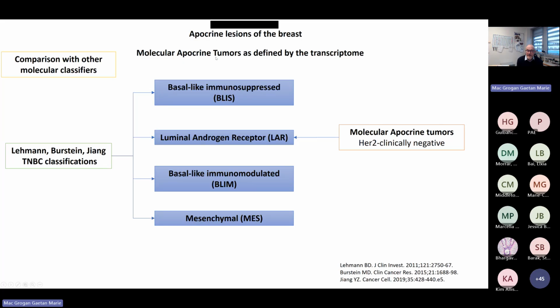When you look at the molecular apocrines that are HER2 clinically negative, and so they are considered triple negative, and compare them to the other triple negative classifications, the one of Lehmann, the one of Bernstein, and the one of Jiang, the molecular apocrine tumors that are HER2 negative all belong to the luminal androgen receptor group.